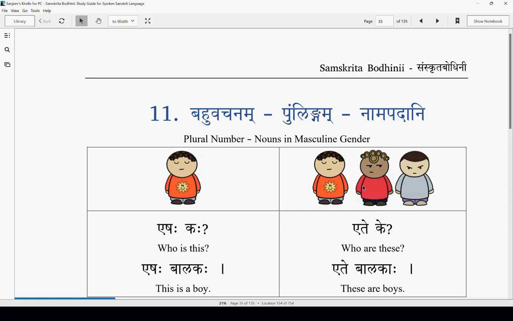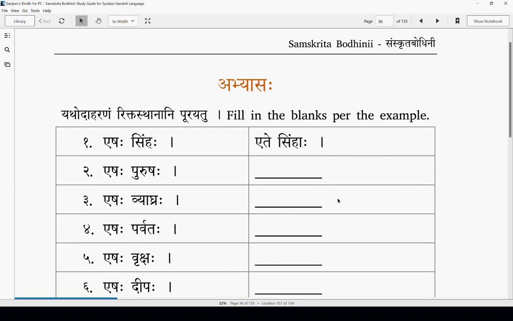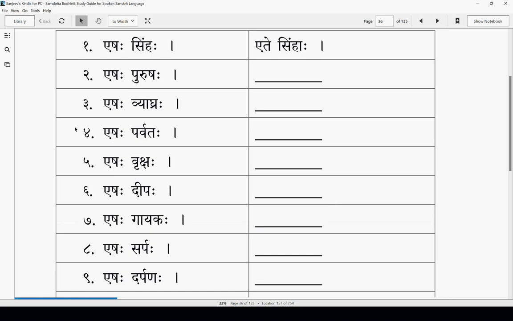Ete, ke, ete, balaka, etc. There are some exercises here which we did last time, I think, in the class. Any question on any of these words? Have you understood the meaning of all the words?